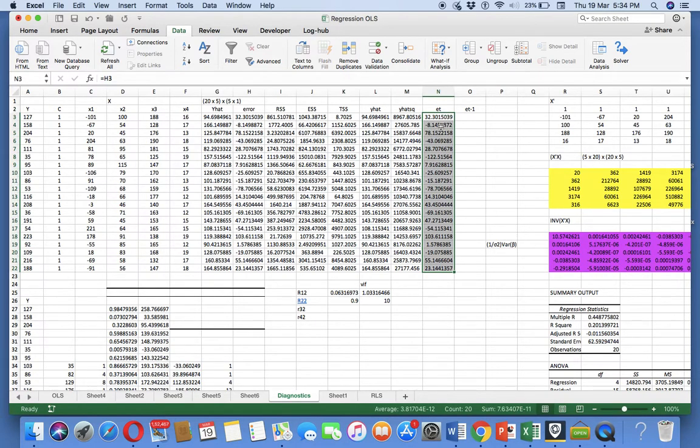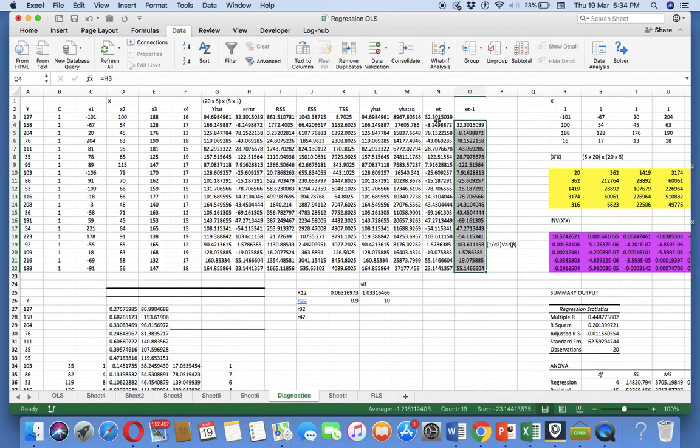This will have a previous error. The previous error of this is 32. So there's no first value, so I calculate the previous value, which is error 32, and I drag it down. Control D.